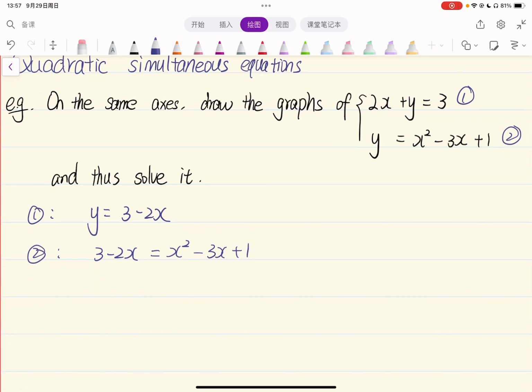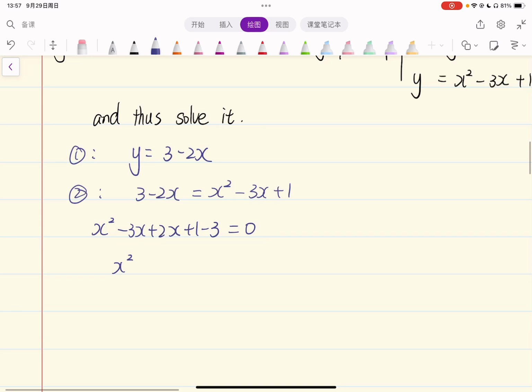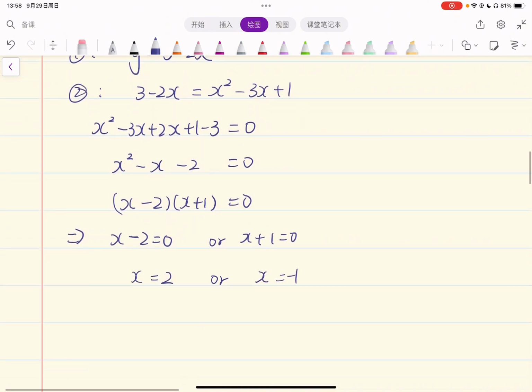What we have is 3 minus 2x equals x squared minus 3x plus 1. And then we rearrange that. We have x squared minus 3x plus 2x plus 1 minus 3 equals 0. And we simplify it. We have x squared minus x minus 2 equals 0. So (x minus 2)(x plus 1) equals 0. Then we have x minus 2 equals 0, or x plus 1 equals 0. x equals 2, or x equals minus 1.